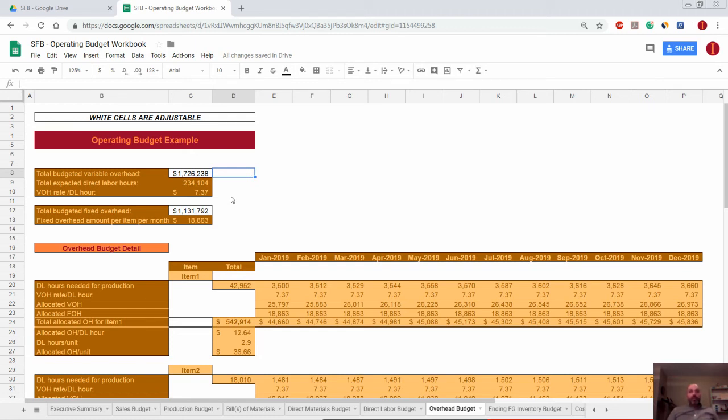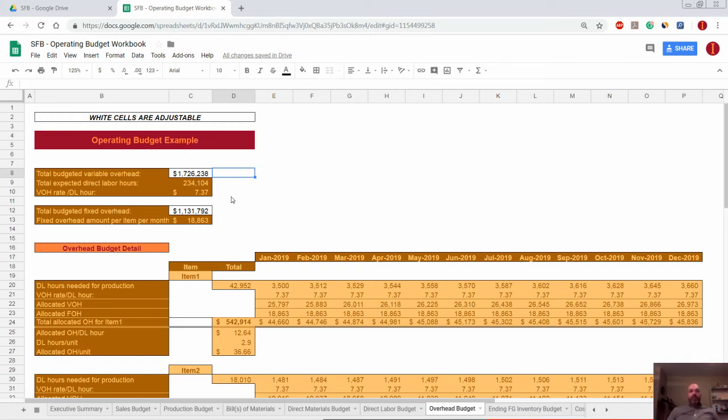The best example I can think of for variable overhead is freight in, which is what we pay for transportation for our direct materials that get shipped in. If we're building more, we're going to ship in more direct materials, and therefore we pay more in freight in. That's the best one-to-one comparison I can make for a variable overhead expense.